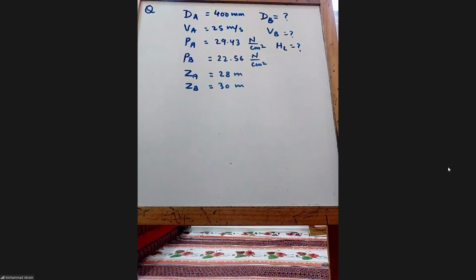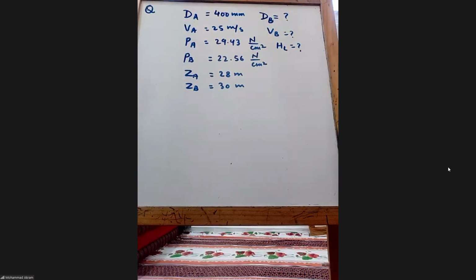What is loss of head, doctor? I will explain, don't worry. So this is the question given. dA, the diameter and velocity at A is given, PA, PB is given, ZA, ZB is given. We are still missing one data.